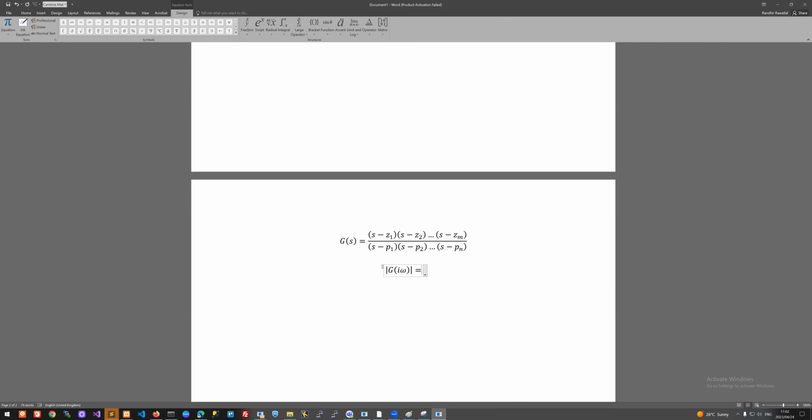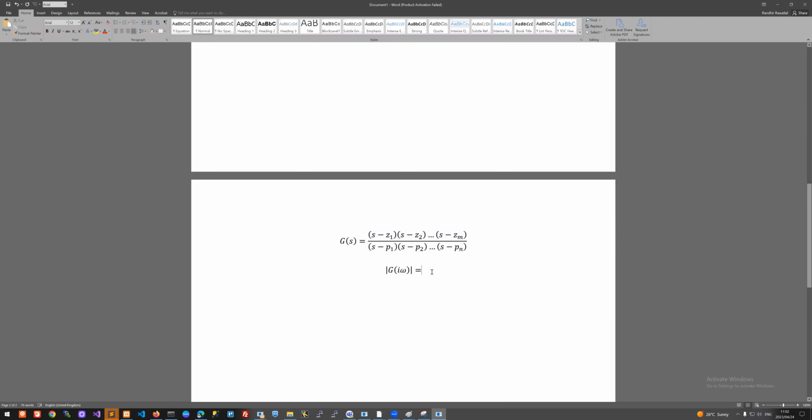can be composed as the product of each of these. So you could simply take the magnitude of each of these terms and multiply them together. And so the way I would write this is to say capital pi, s minus, or rather I omega minus, and I guess we have to call it k.